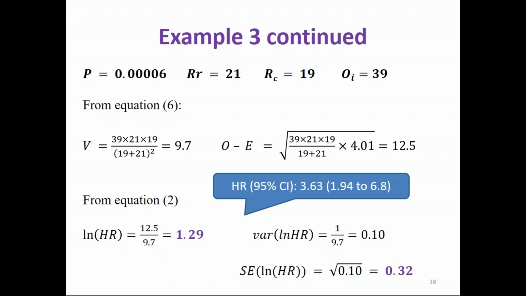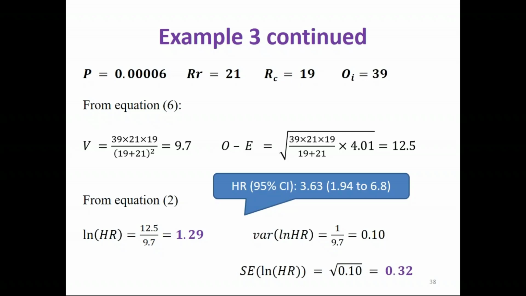And so the hazard of death in the control group is over 3.5 times the hazard in the treated group. This confidence interval excludes the value of 1, so it's statistically significant, and it excludes 1 by quite a long way, and that's supported by this very small p-value that's provided.